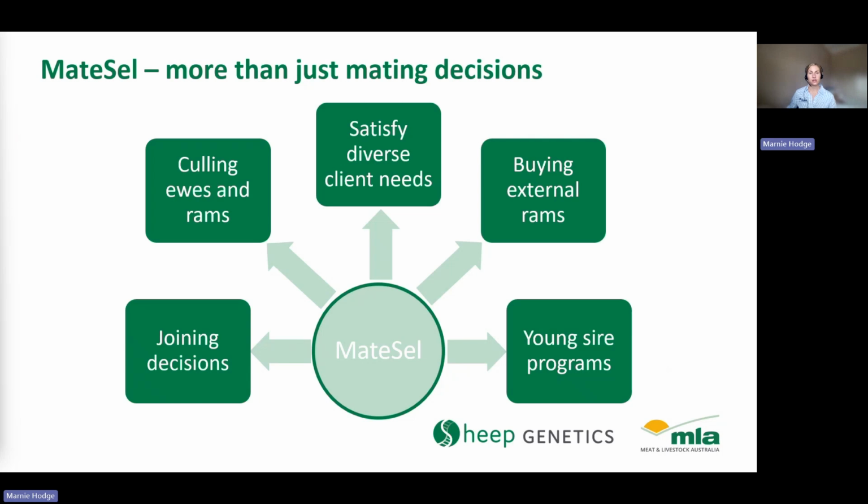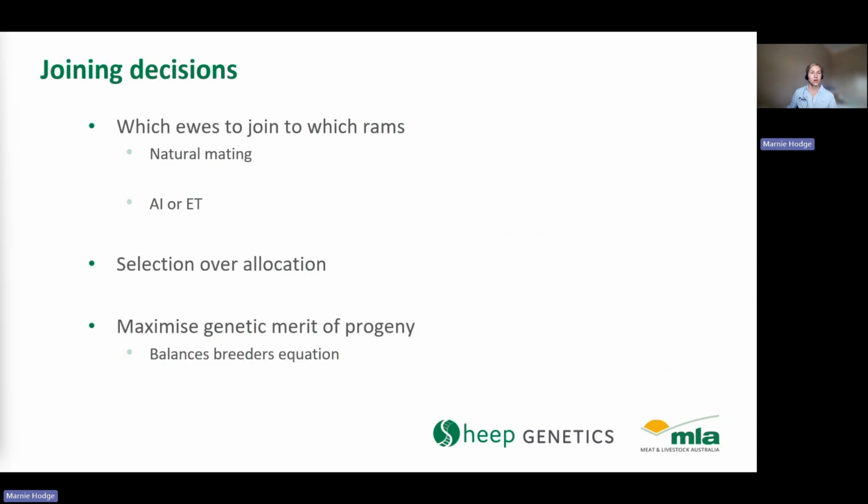So we'll run through a few examples of how we can use MateSel to do more than just mating or joining decisions. So if we're thinking about joining decisions, as I talked through previously, we want to use MateSel for selection rather than allocation.